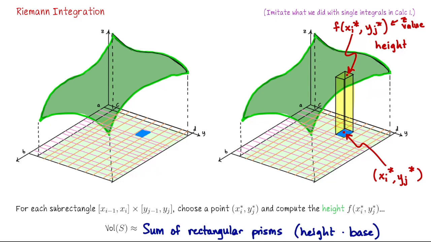Now, how do you compute those rectangular volumes? Well, it's just height, which is f of xi star, yj star for each subrectangle, times the base, which is delta Aij. So just height times base, approximating the volume enclosed between the graph of the function and the xy plane.